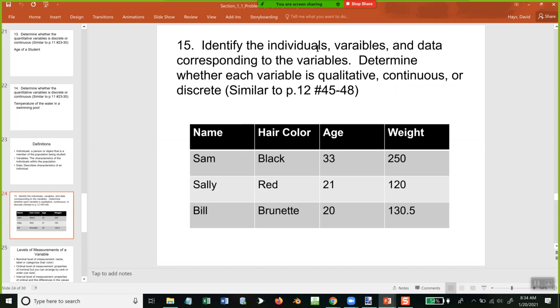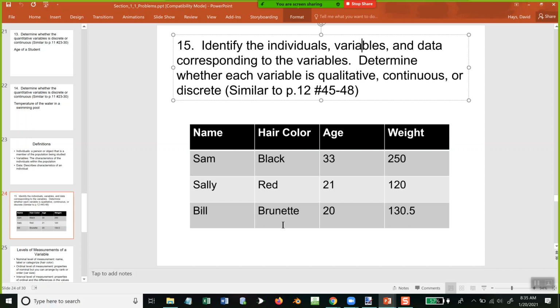Here, it says identify the individuals. Our individuals are Sam, Sally, and Bill. So we've got 3 individuals. The variables are their hair color, age, and weight.